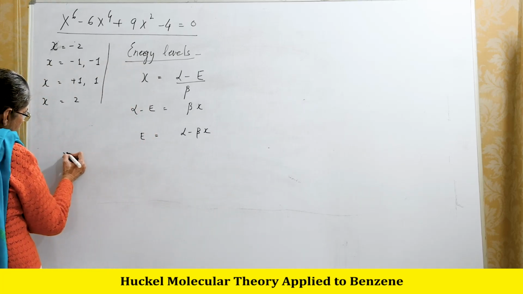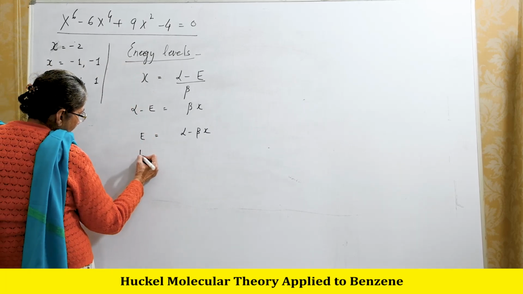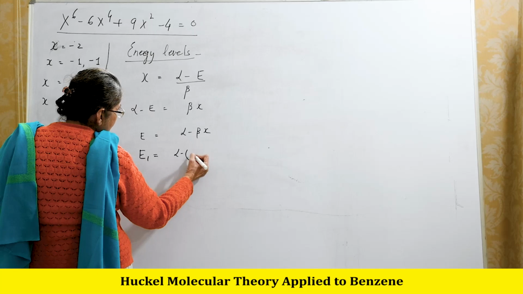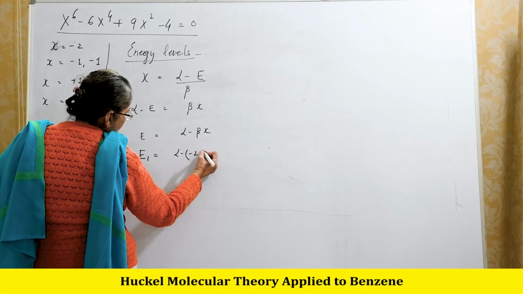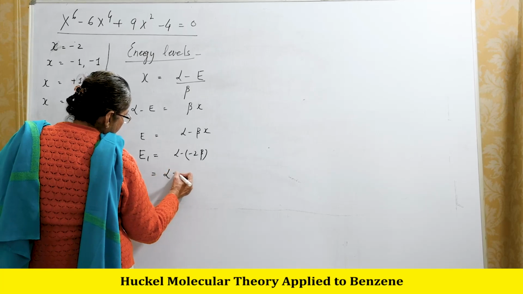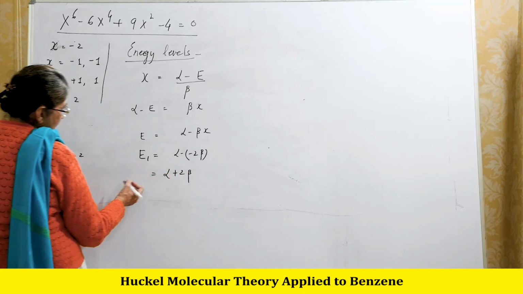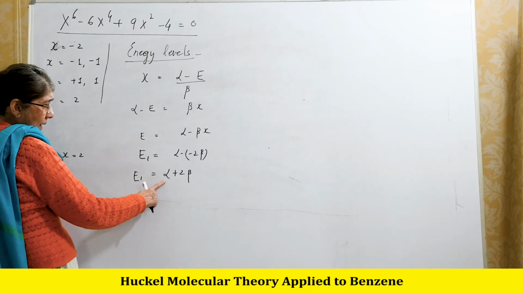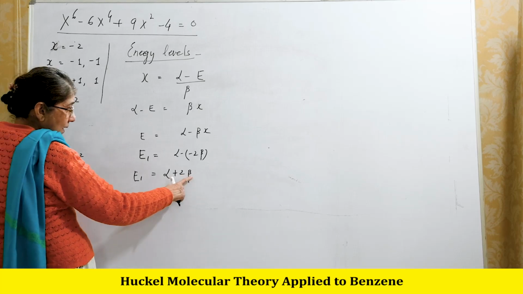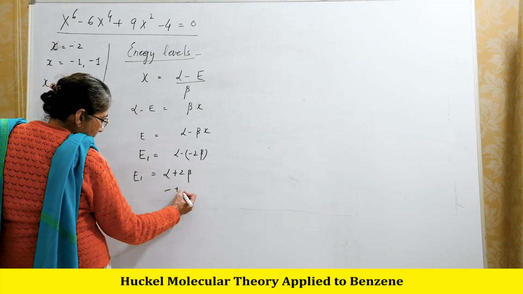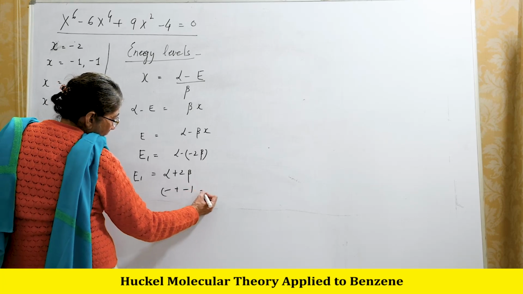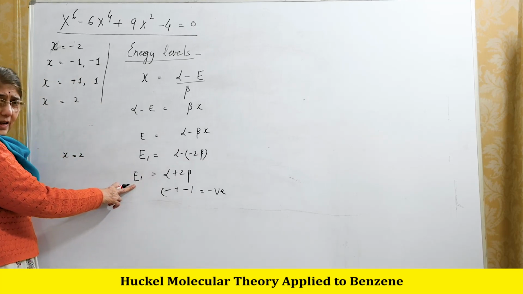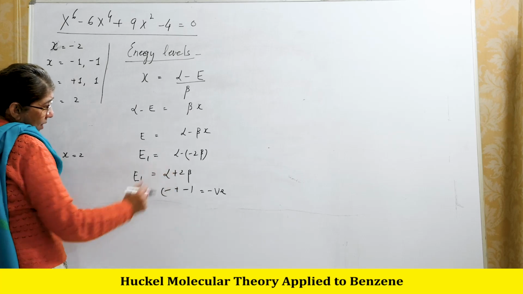Suppose x equals -2, so e1 is equal to alpha minus 2 beta, that is alpha plus 2 beta, and this is energy level 1. Alpha is the practical experimental value, which is negative, so negative plus negative gives you a more negative value. So this is the lowest energy level, and here we get alpha plus 2 beta.